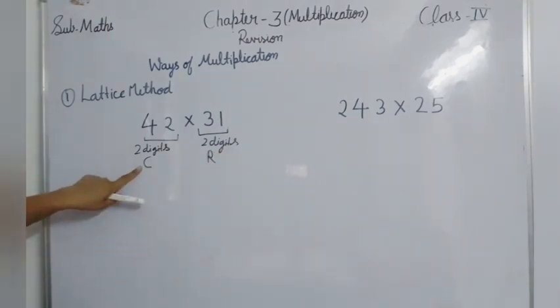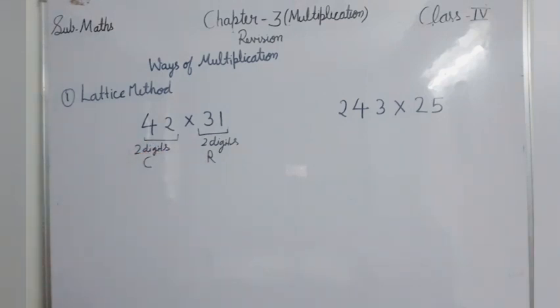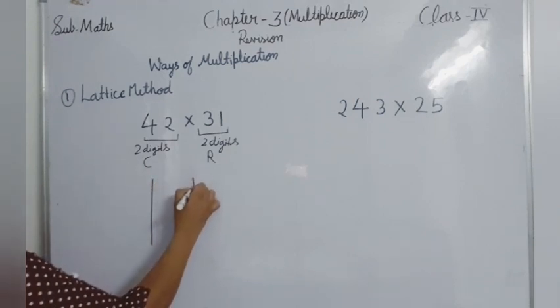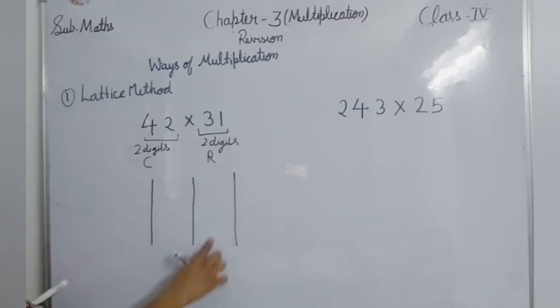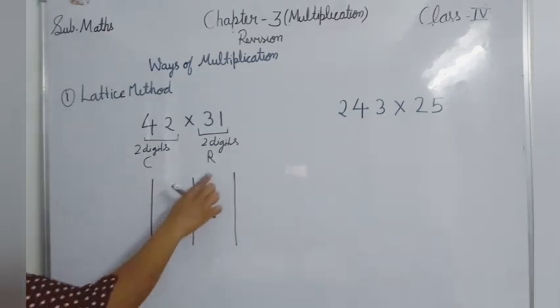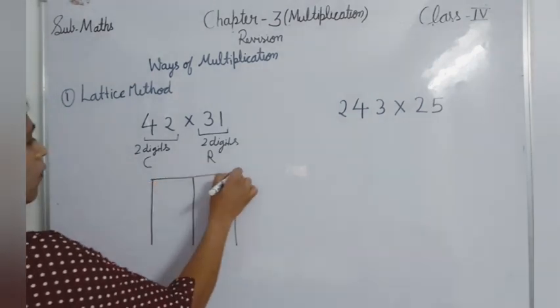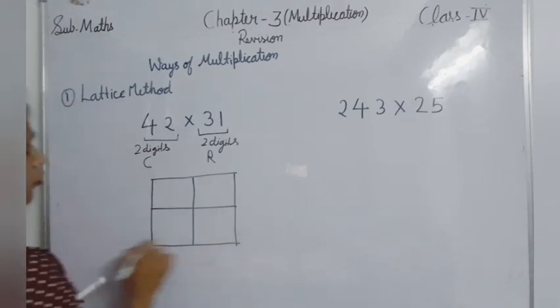So it means 2 columns we need to draw and 2 rows we need to draw. So let's draw it. One column, two columns. This number is for columns, and 2 rows we need to draw. 1 row and 2 rows.